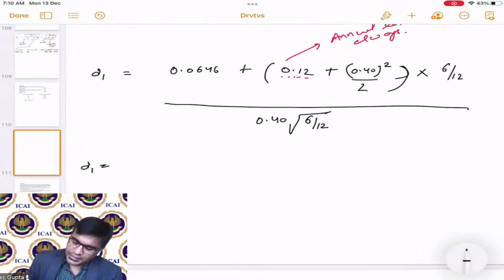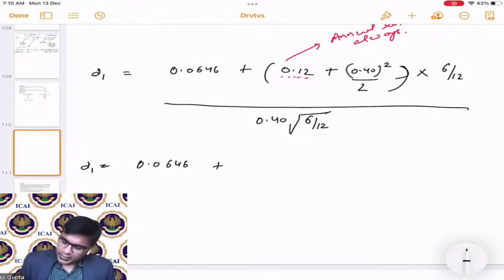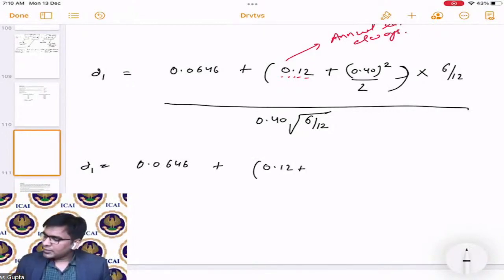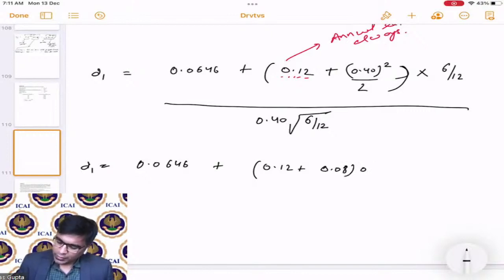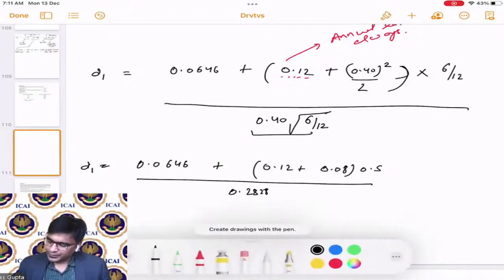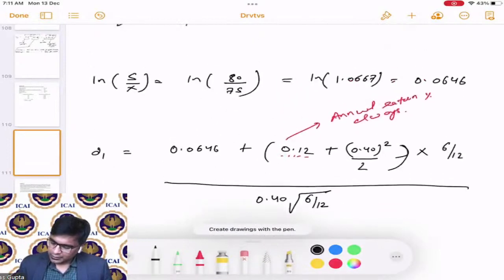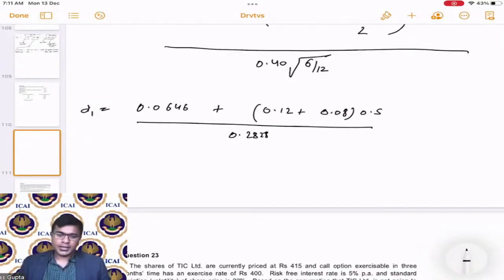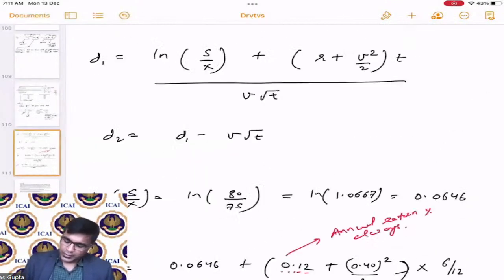Now, if we solve this step by step, what we will get is 0.0646 plus 0.12 plus 0.40 square divided by 2. If we open this, it will come as 0.08, and 6 by 12 is 0.5, divided by, and if we solve this, we will get 0.2828. These calculations can be done very easily through a calculator. Correct? This is what D1 comes out to be.